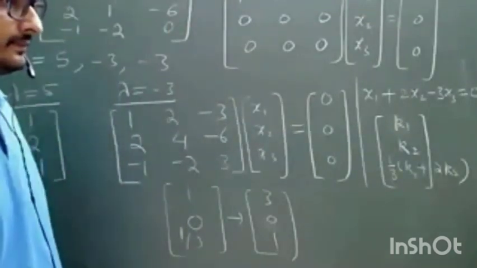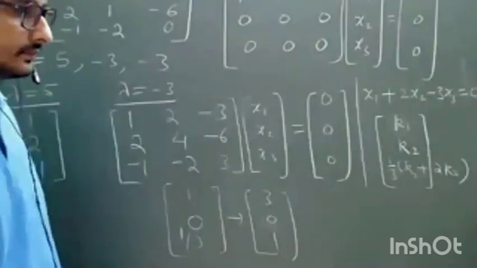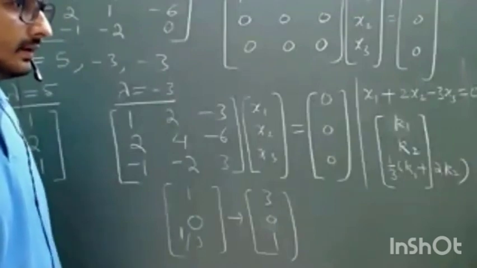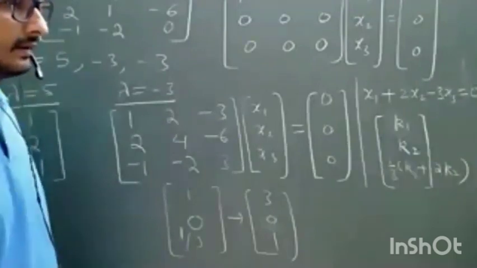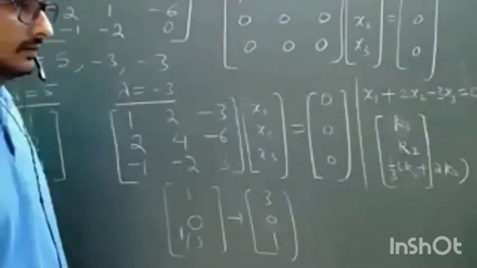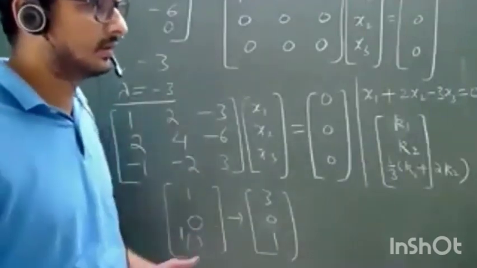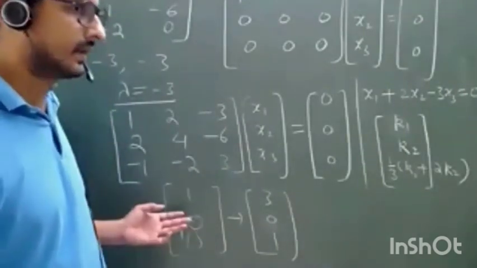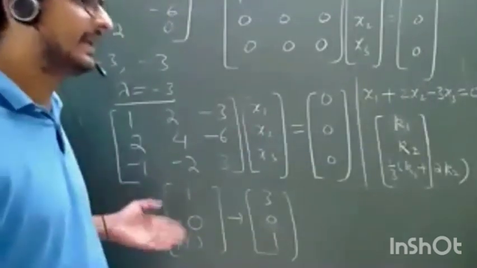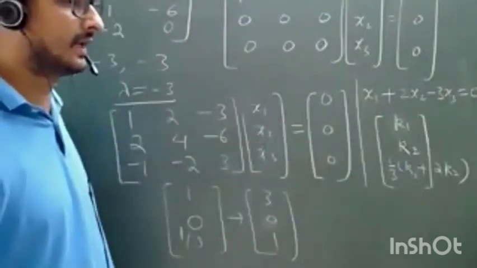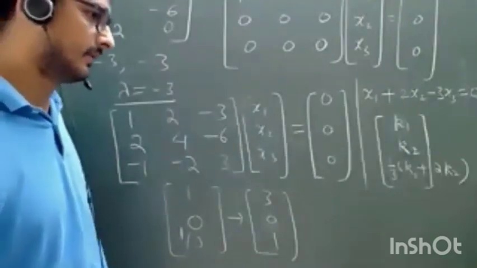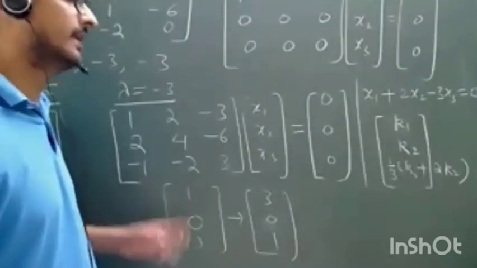Sir, how is K2 0? K1 is equal to 1. We assumed those. K2 is also assumed. When there is only one equation, you have to assume two values and then you will get the third value.